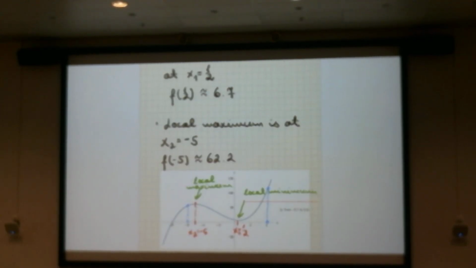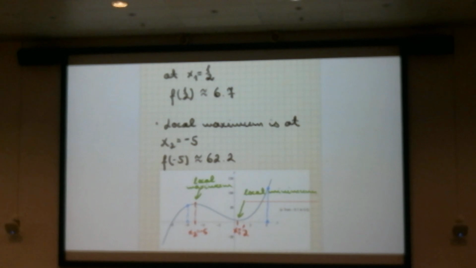So when I additionally give you an interval to look at this function, you also should check the boundaries of that interval. So if I tell you, find local maximum and minimum, or maybe even global maximum or minimum of a function like this on the interval from -6 to 4.